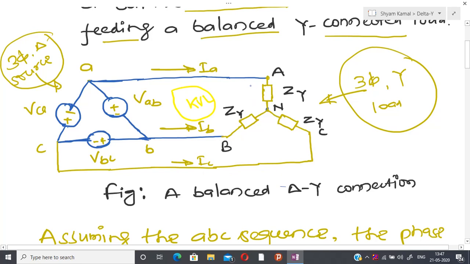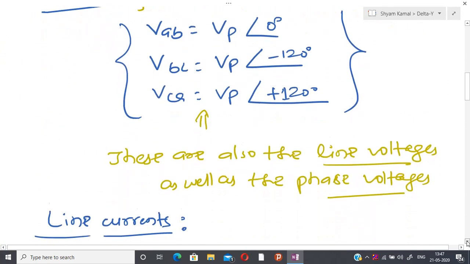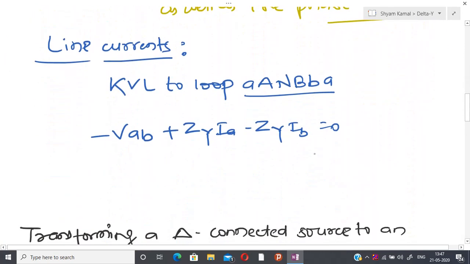Due to that reason, I have written ZY into IA, ZY into IB. If I travel in this loop, the directions of this and this are not the same, so one is positive and another is negative. Due to that reason, this kind of equation comes into the picture.